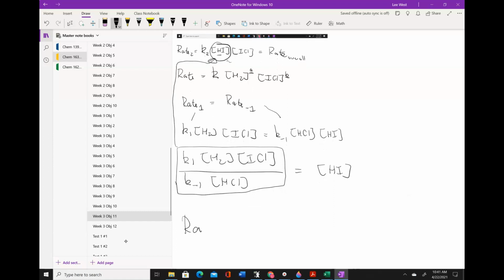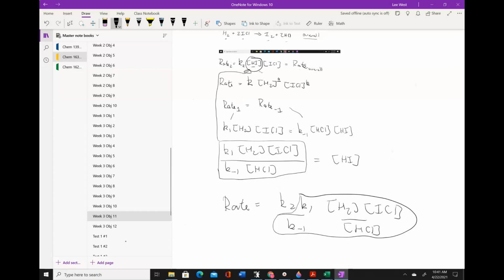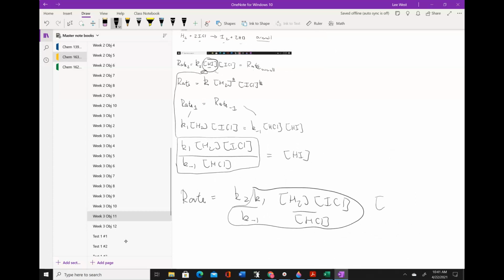So the rate for our overall equation is going to end up being k2, k1, k-1, and then we've got the concentration of H2, ICl, and HCl. So this part of that is really just the other way of writing the concentration of HI, right? And then we've just got one more term, which is the concentration of ICl.